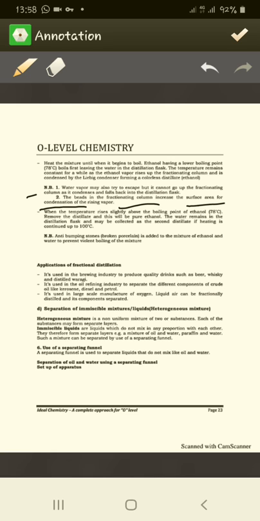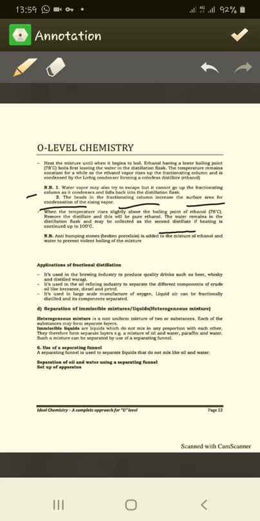When the temperature rises slightly above the boiling point of ethanol, remove the distillate, and this will be pure ethanol. The water remains in the distillation flask, and may be collected as a second distillate if heating is continued up to 100 degrees centigrade.